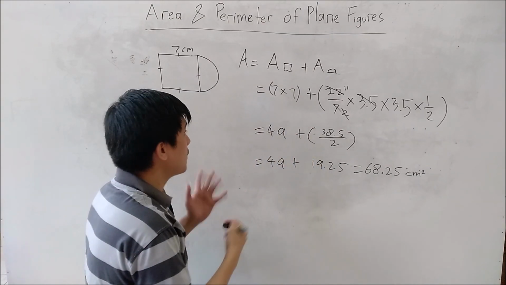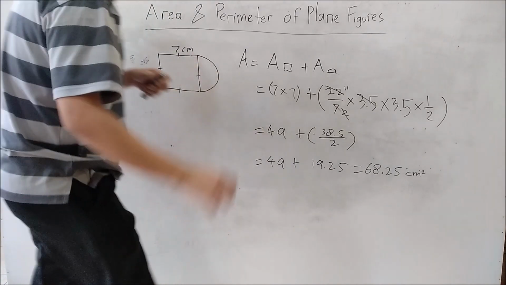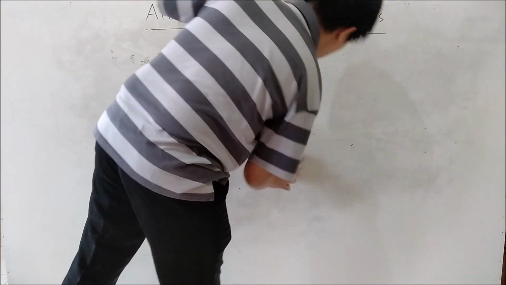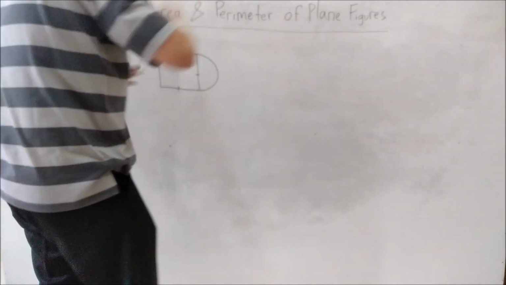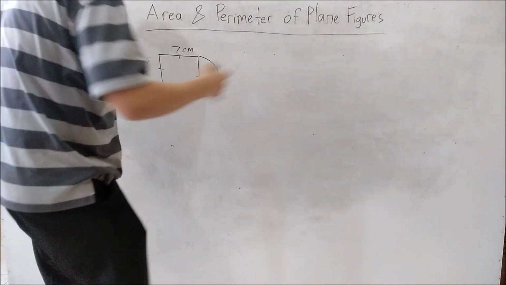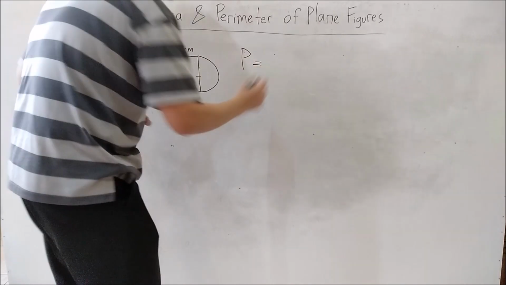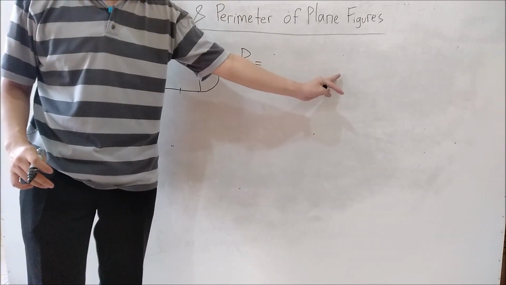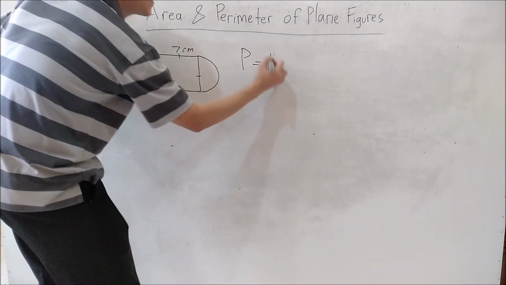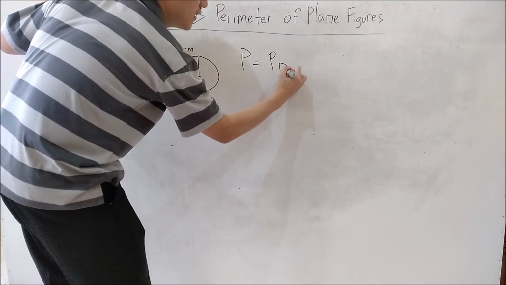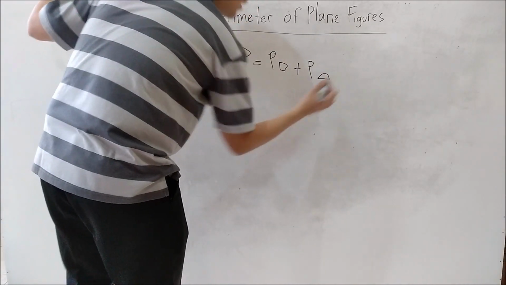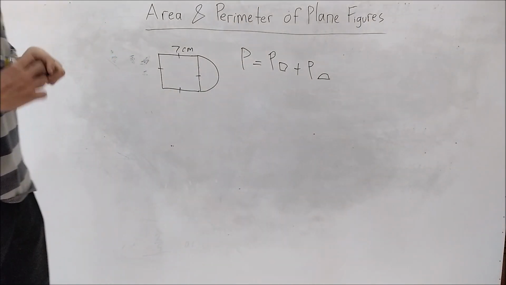Okay, how about the perimeter? Let's talk about the perimeter. For the perimeter, I rarely write the formula, because you can write area of square plus area of semicircle for the area, but if you write perimeter of square plus perimeter of semicircle, you will make a mistake.